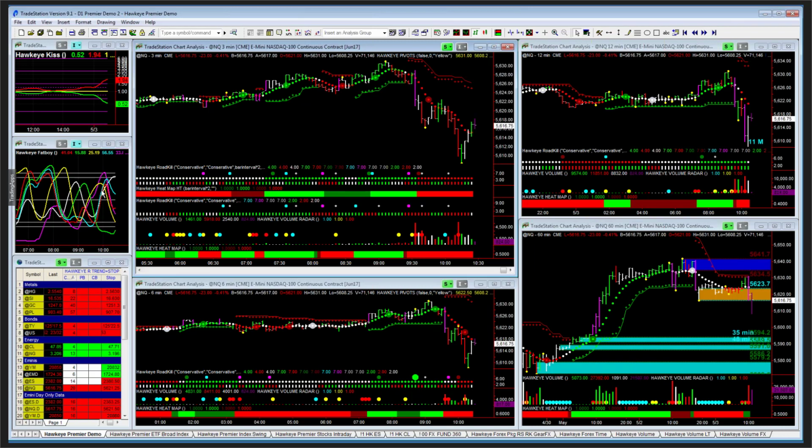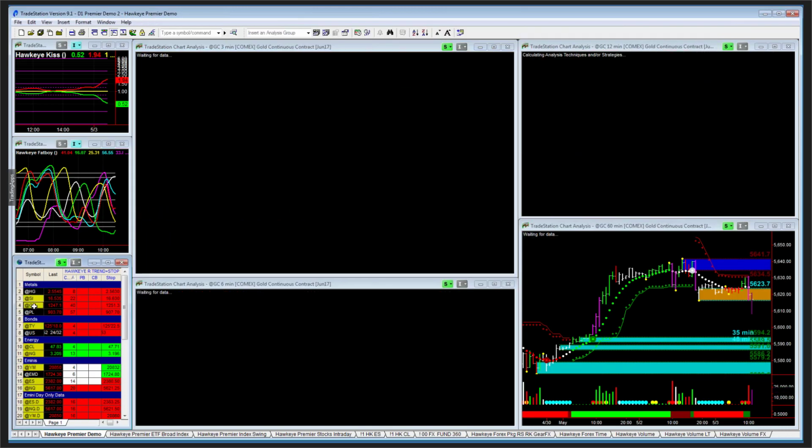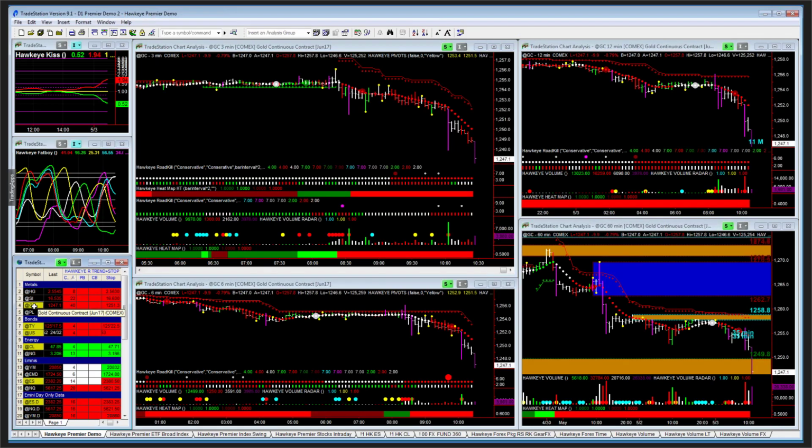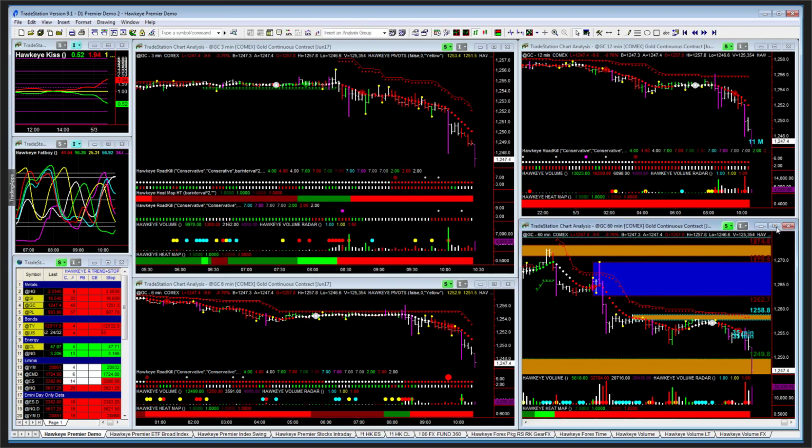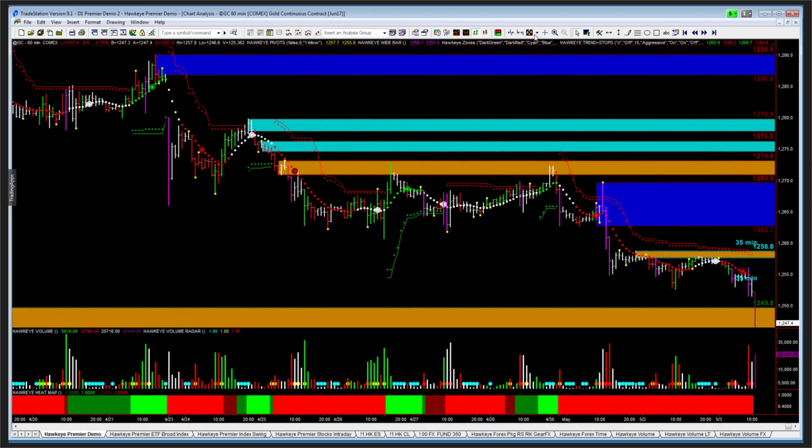If you're trading gold, it looks like it's becoming extremely weak. We can see a very long trend of weakness in gold, clearly symbolized by the price action here. The current low side is 1245.